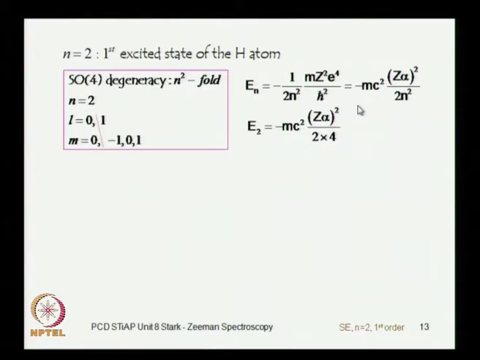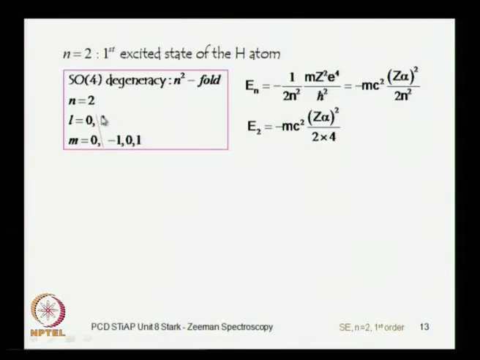But then you also know that these states are n square fold degenerate. Okay. This comes from the SO4 symmetry of the hydrogen atom. So, you do not have a unique eigenstate belonging to a given eigenvalue. Okay. You have more than one eigenfunction, and in particular for n equal to 2 you have got the 2s and the 2p states, and the 2p state again is triply degenerate.